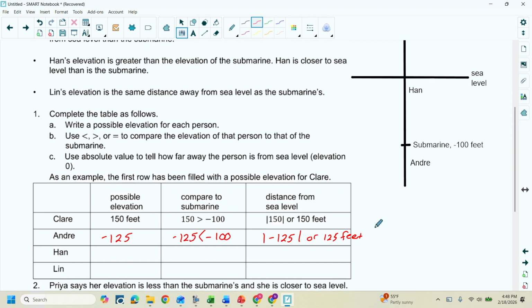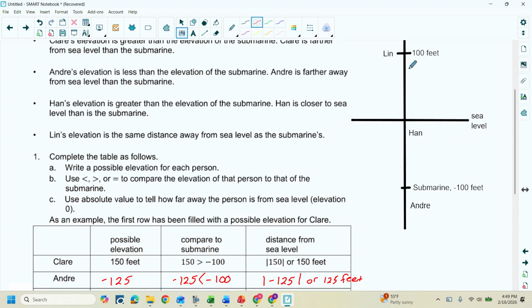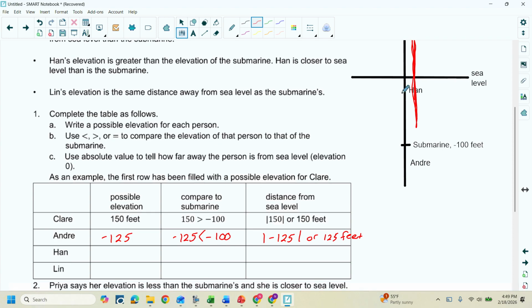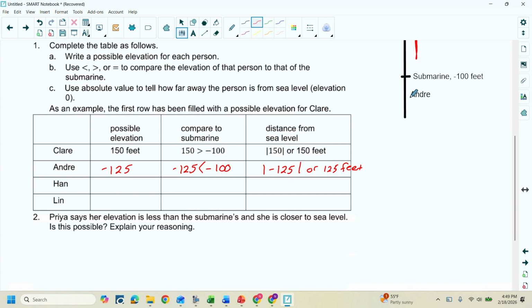And now Han. Now, like I said, Han is anywhere in this section. So I'm going to put, since I left Han right here, I'm going to say Han is at negative 20. Well, negative 20 is greater than negative 100. And so they are at the absolute value of negative 20, or 20 feet.